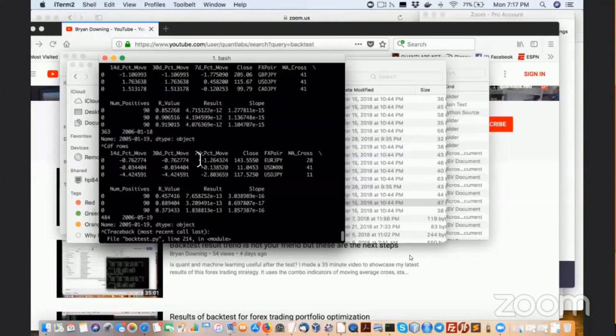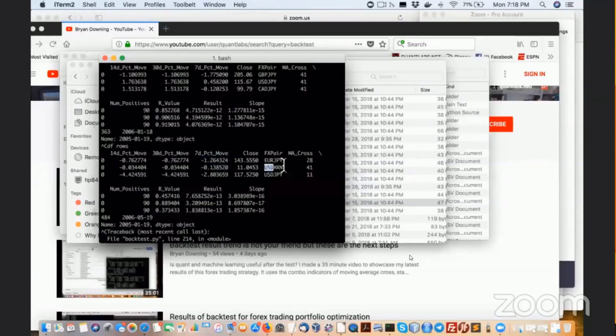But this is the actual data I get back after 7 days of a percent move, as well as a 14-day and a 30-day. So if I did put actual real life money 90 days after January 19th, and put capital on this pair and waited for that position to close after 7 days, I would have lost 1.26%.